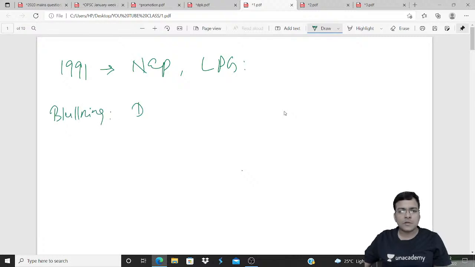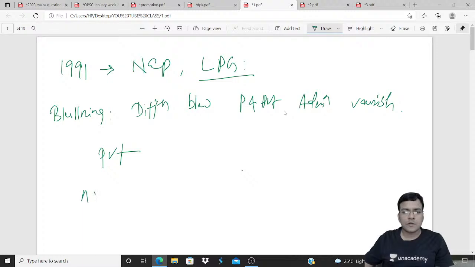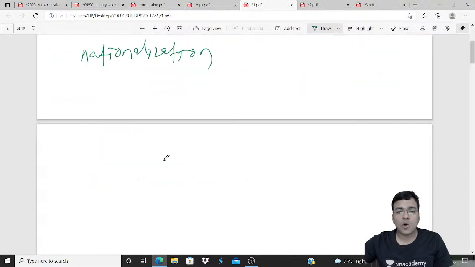Blurring means the difference between public and private administration gradually vanishes. And you can write, giving some example, post LPG 1991, the concept of privatization, the concept of nationalization. This happened, and Haas and Hall's model.